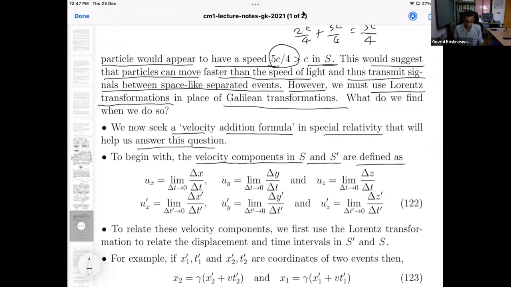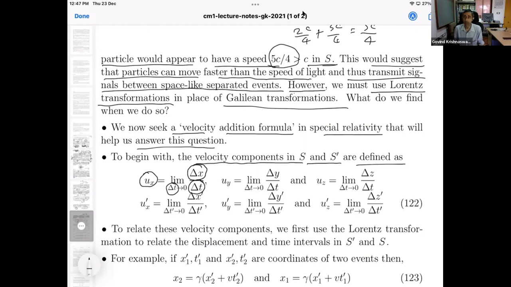What do we mean by the x component of the velocity in frame S? Well, we mean the quotient of the displacement divided by the time taken, in the limit where the time taken goes to 0.